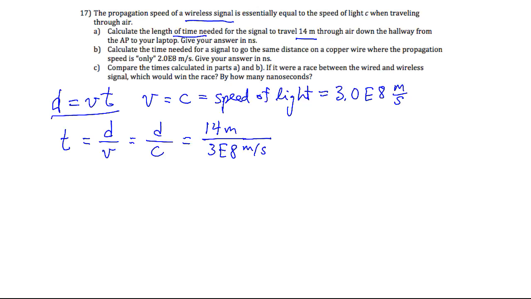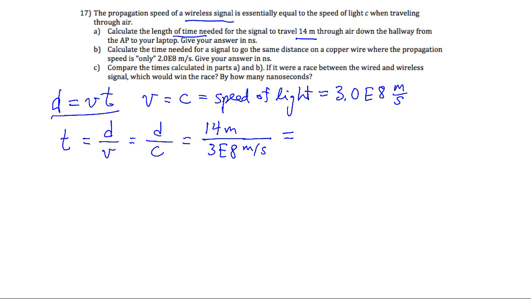You can see that the meters cancel in the units here, and seconds in the denominator of the denominator become seconds in the numerator, and that's the units on time t. So if I plug this into my calculator, I take 14 divided by 3 times 10 to the 8th equals, I get 4.7.